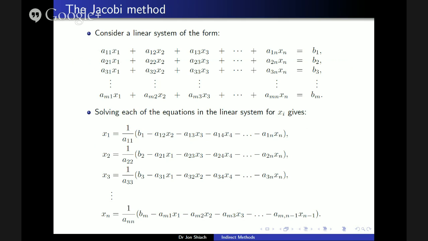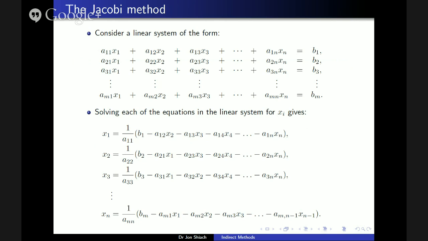And a similar thing for x2: if we rearrange, we get 1 over a22, times b2 minus the x1 term, then the x3 term, etc. All of those equations on the right-hand side involve values for x. But x is our solution. We don't know what it is to start with.